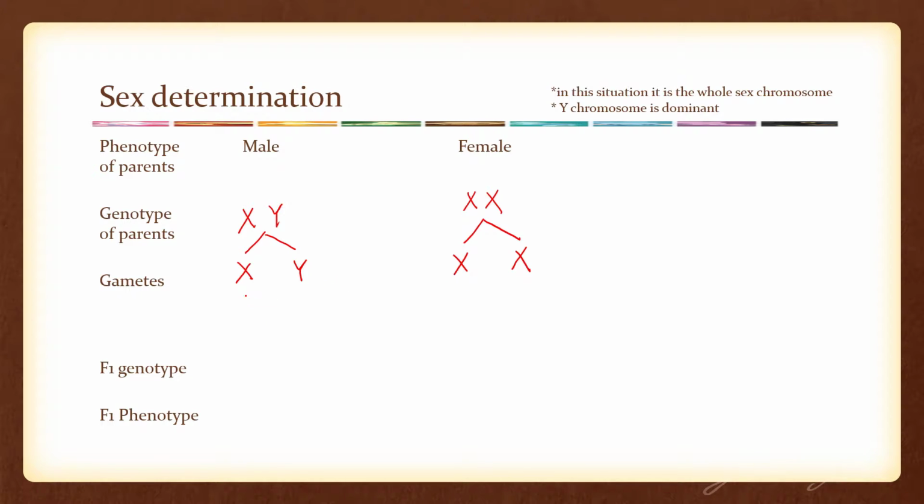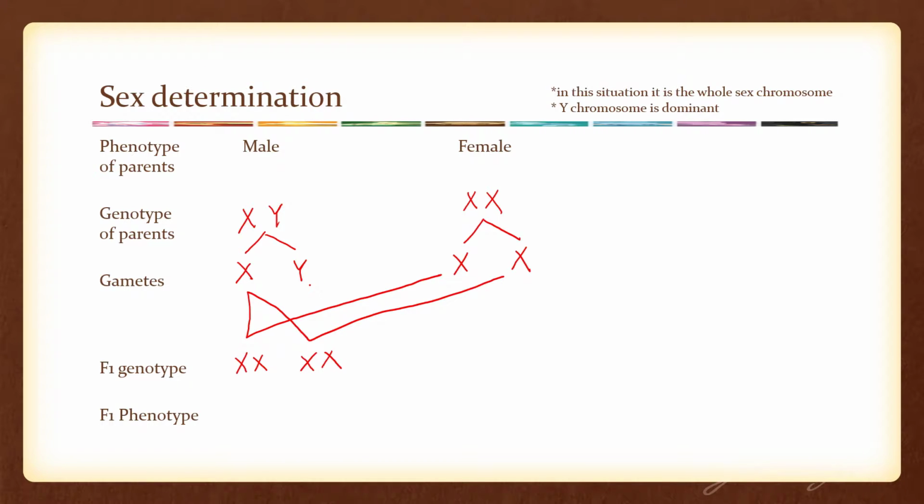As for the genotype of the offspring, this sperm can fertilize this egg and the offspring will be XX. This sperm can also fertilize this egg, resulting in XX genotype as well.